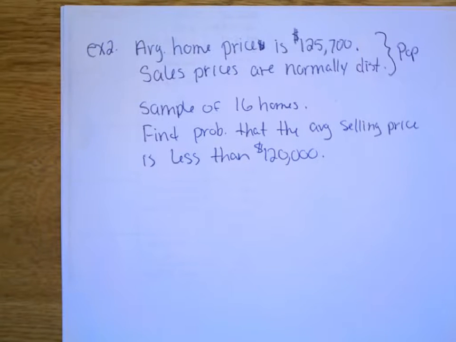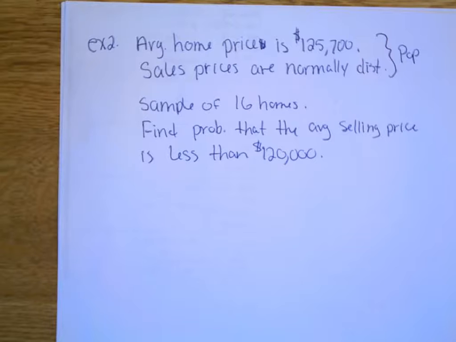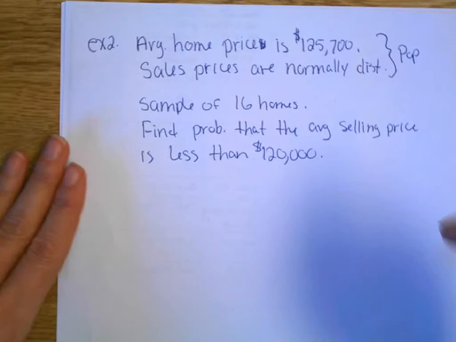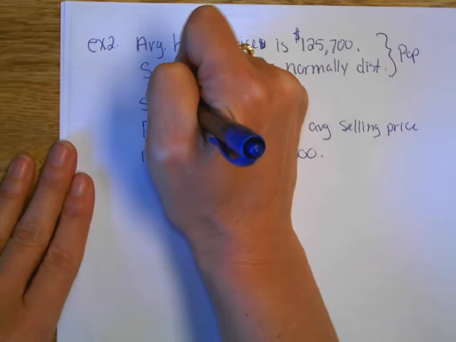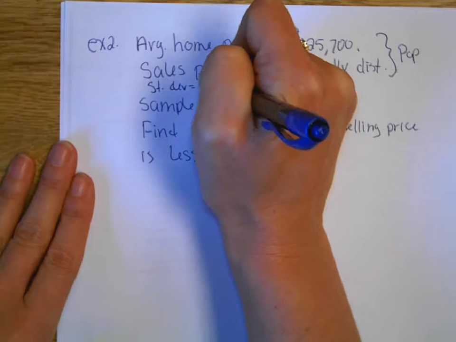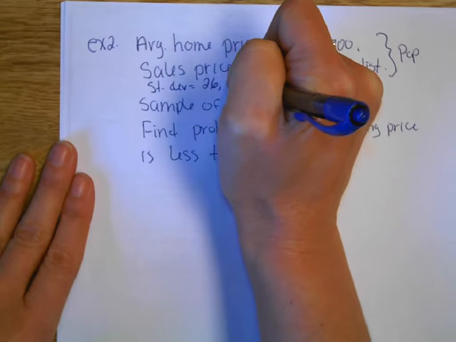Okay, I like to make the population distribution and then the sampling distribution that we're actually going to do the probability of when you're ready. Oh, I didn't give you your standard deviation. Where is it? Oh, standard deviation up here. Standard deviation is $26,000.